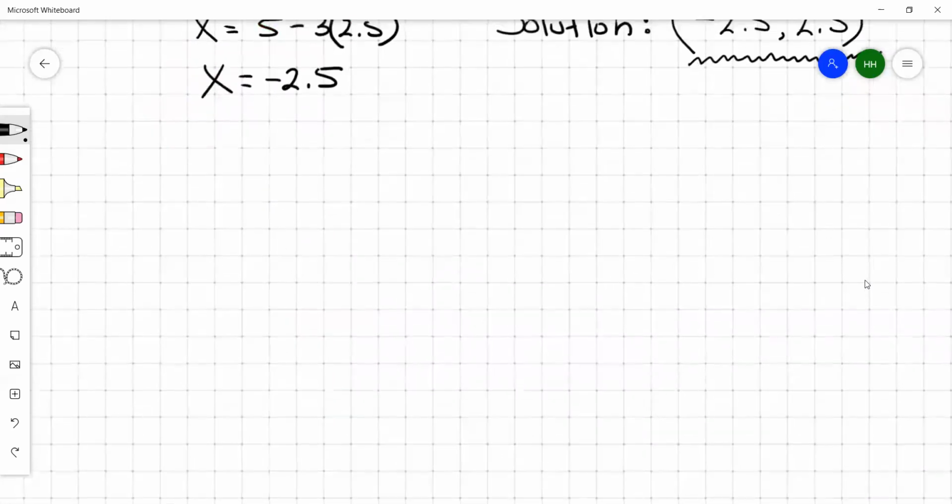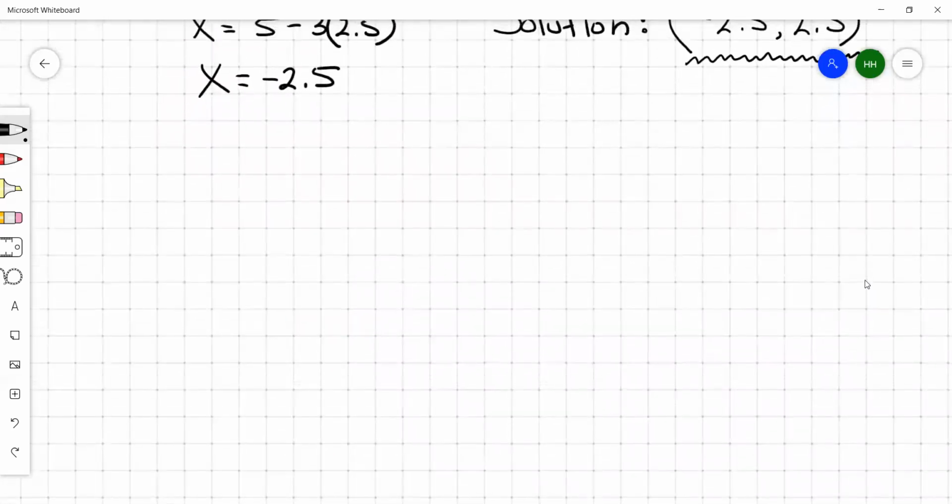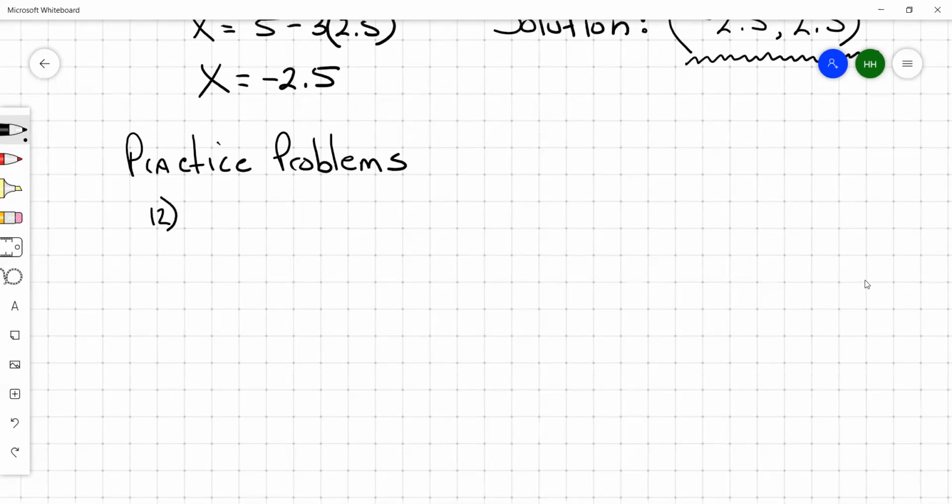All right, so here's your practice for today. I'm going to call this one number 12, and it is x plus 12y equals 68, and x equals 8y minus 12.